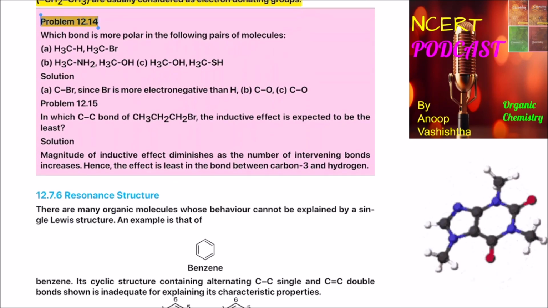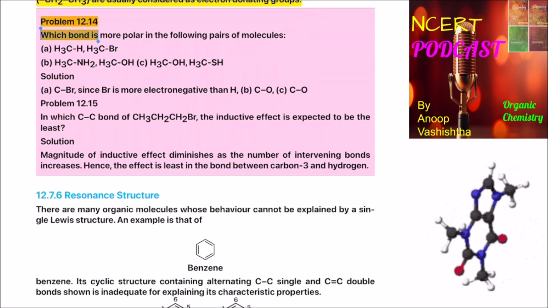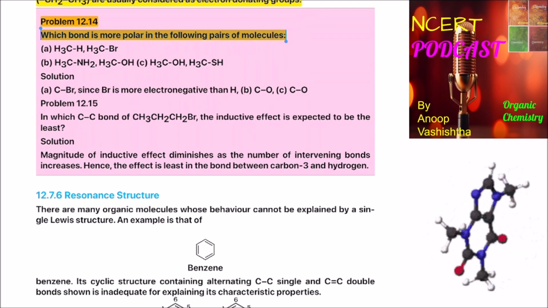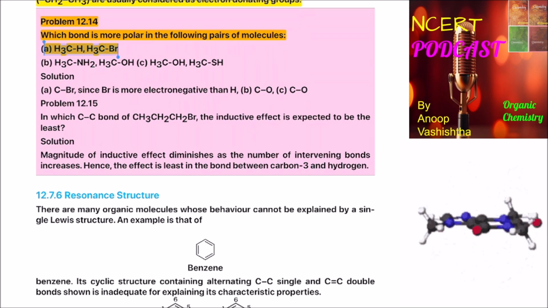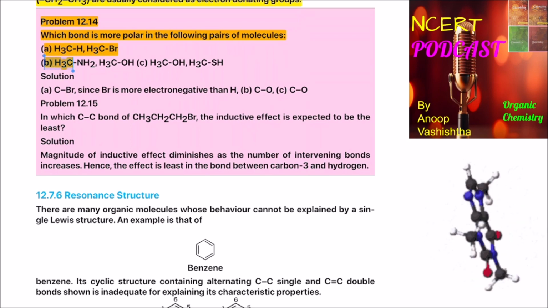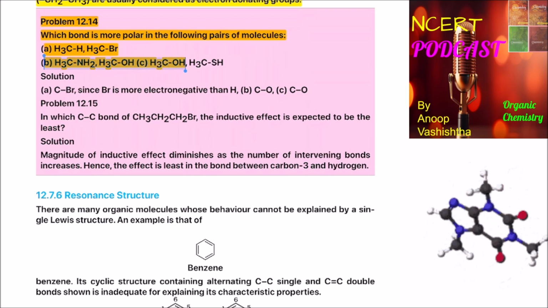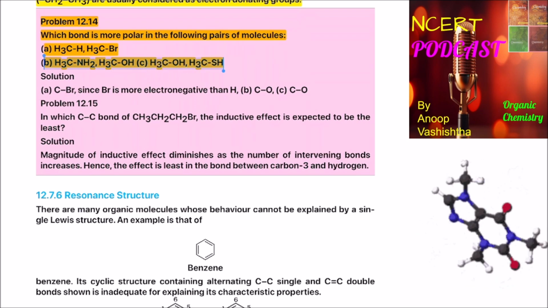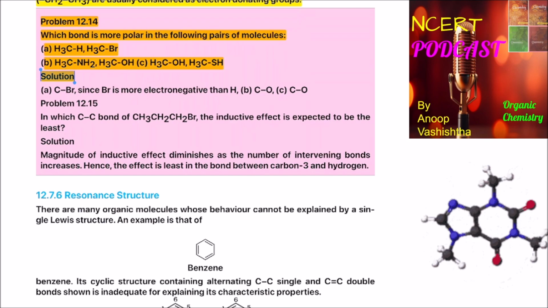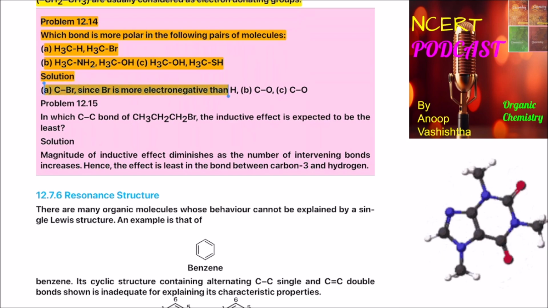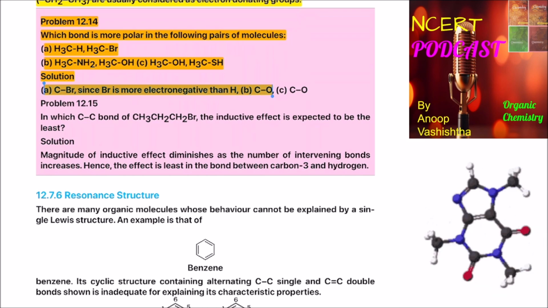Problem 12.14. Which bond is more polar in the following pair of molecules? CH3-H, CH3-Br; CH3-NH2, CH3-OH; CH3-OH, CH3-SH. Solution: A. C-Br, since Br is more electronegative than H. B. C-O.